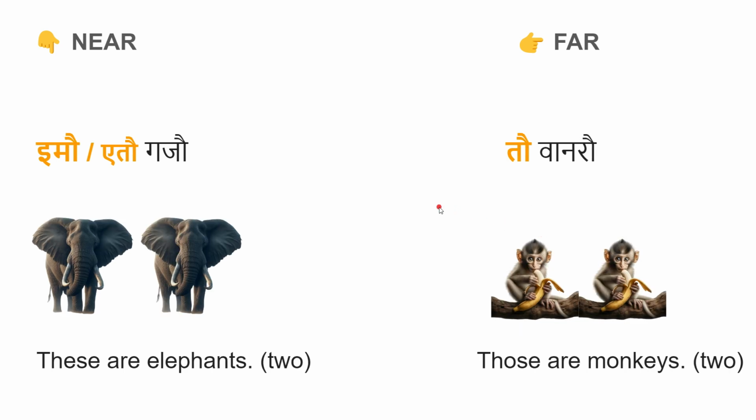The dual form: imau gajau, or etau gajau. So these are two elephants, and tau vanarau.